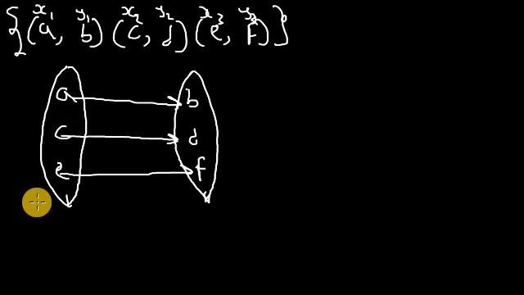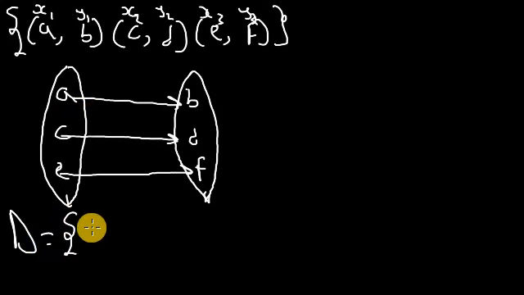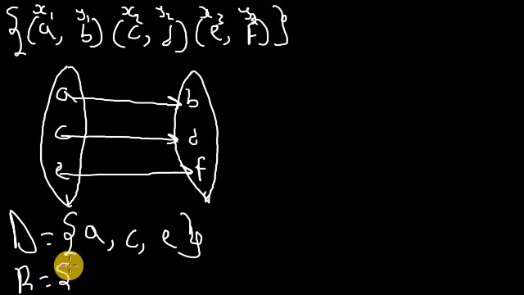Now, how can we list the domain, likewise the range? The domain will be the set of all the input values arranged in ascending order. So that will be A, C, and E. And the range will be the set of the output values, that's B, D, and F. And this is the solution to this problem.